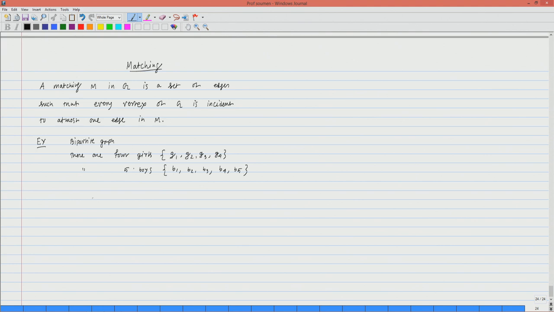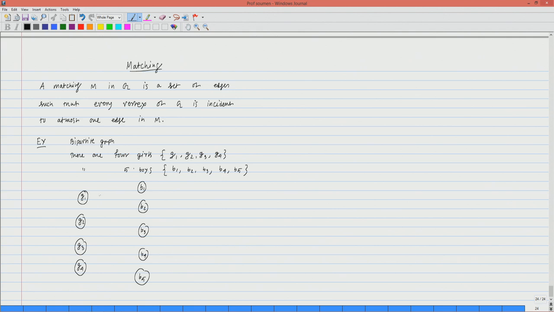Now, I construct a bipartite graph. On the left part, I have all the girls, 4 girls: G1, G2, G3, G4, and on the right part, because in bipartite graphs we partition the vertices into 2 parts, you have B1, B2, B3, B4, B5.